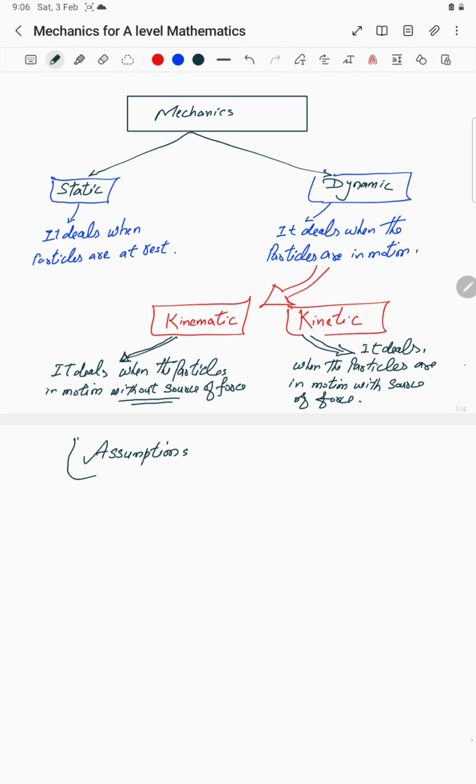Number one, in mechanics, all objects of different masses are considered to be particles.